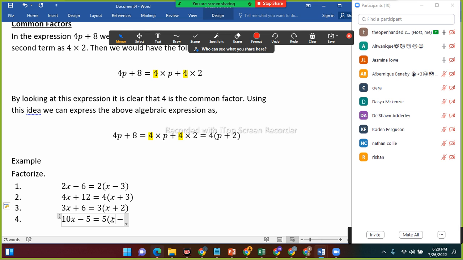Close. Anyone want to help out with this one? She has the 5, right? What does she need? 5 times 10 instead. How much is 5 times 10? No.